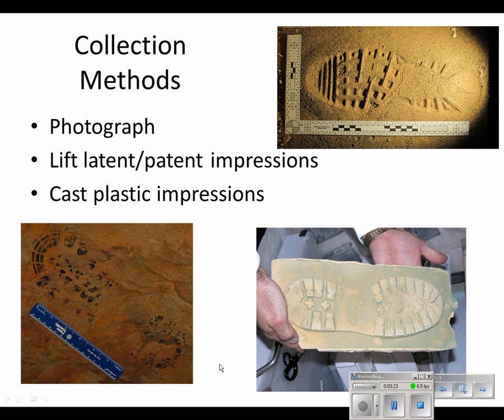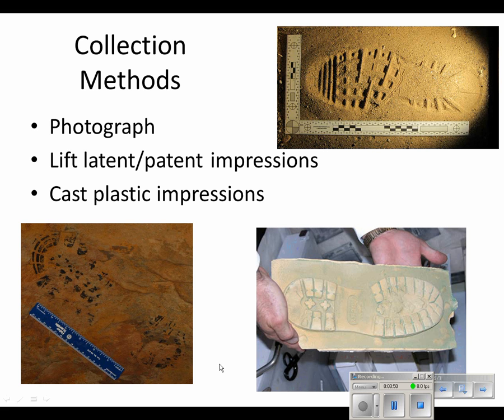Now we can talk about collection, but we have to remember that we're talking about 3 different types of prints, and this is the same as we talked about with fingerprints. We have latent prints, which are hidden, patent prints, which are 2-dimensional because they were formed from stepping in one material and then transferring it to another area. And then there are plastic prints, which are 3D impressions.